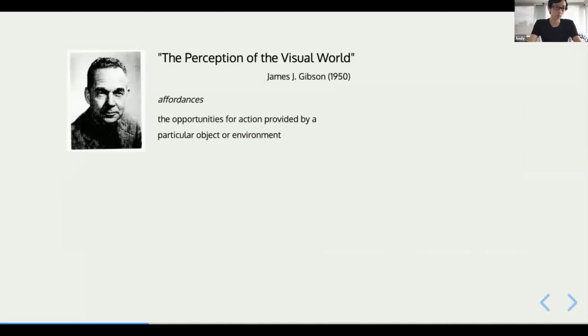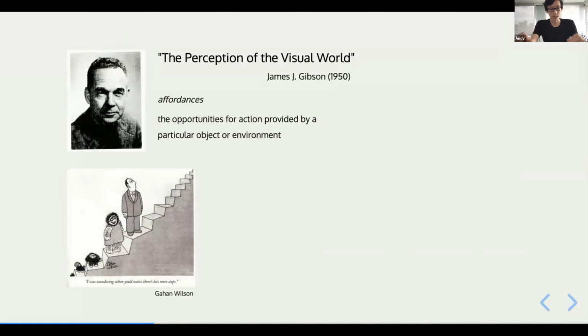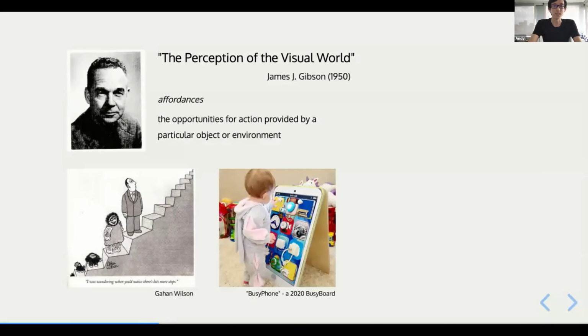And there he coined the term affordance, which refers to the opportunities for action provided by a particular object or environment. So for example, when we look at stairs, what we see is that they afford us the ability to walk up a steep slope. And when we see objects in the environment, they might afford different behaviors such as pushing, lifting, or grasping.